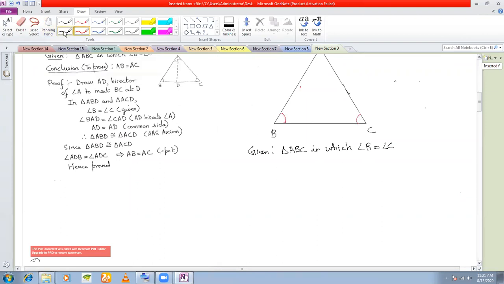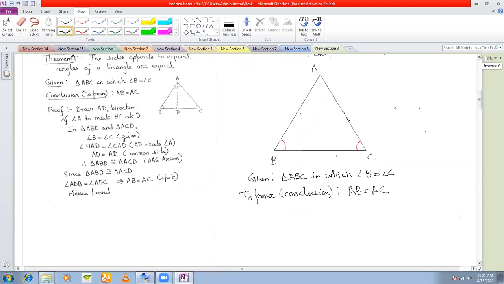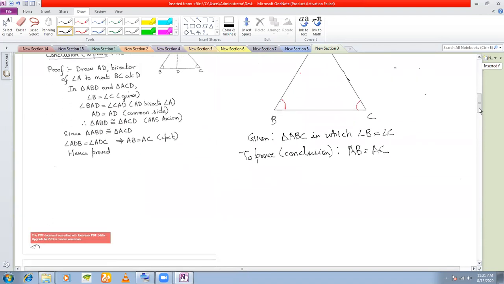Okay. Next, what should my conclusion be? My conclusion is that the sides AB is equal to AC. That means these two opposite sides are equal. That is what we need to prove. Okay. And we start with the proof.